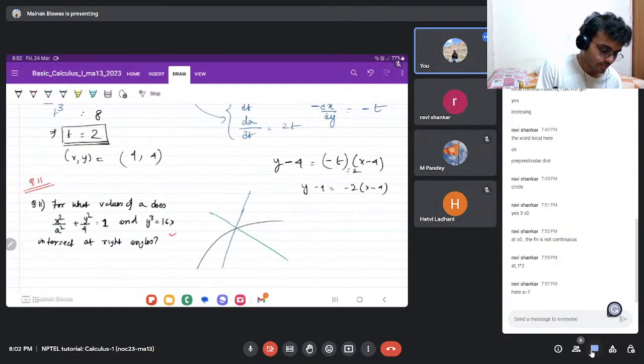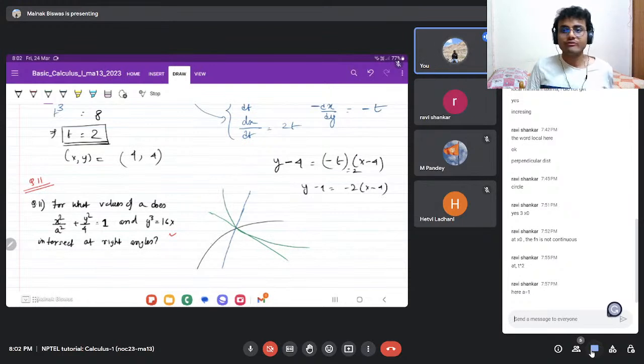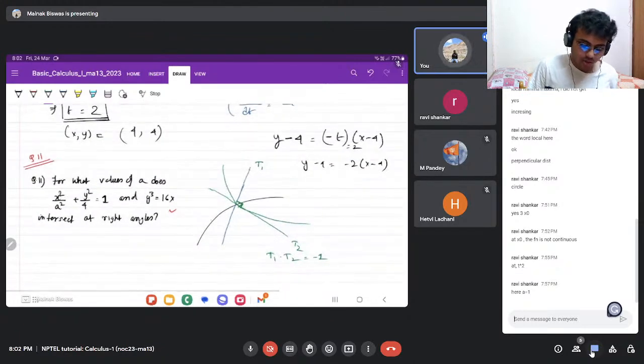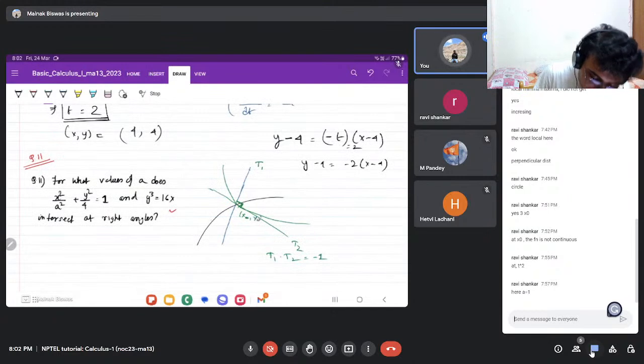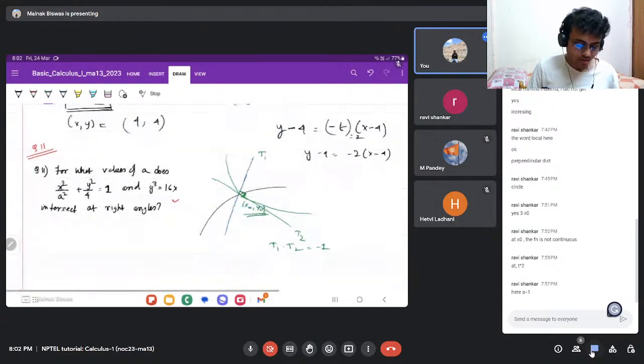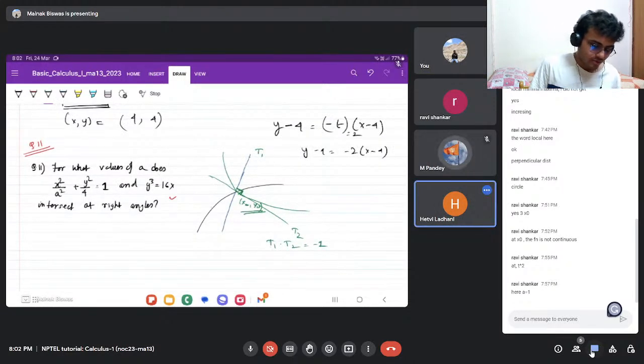So if they intersect at right angles, your tangents must intersect at right angle. So T1 into T2 will have to be minus 1, and also at this point both the curves must satisfy the equations. Agreed? Yes, sir.